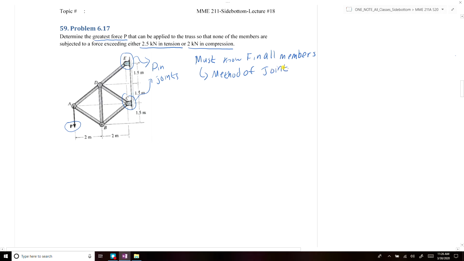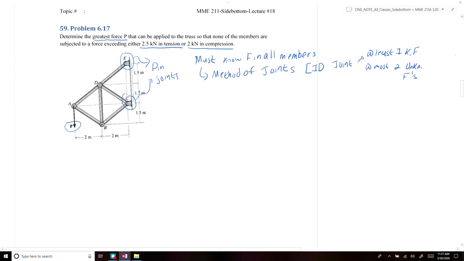All right. So for the method of joints, the key thing that we need to know is we need to identify a joint with at least one known force and at most two unknown forces.